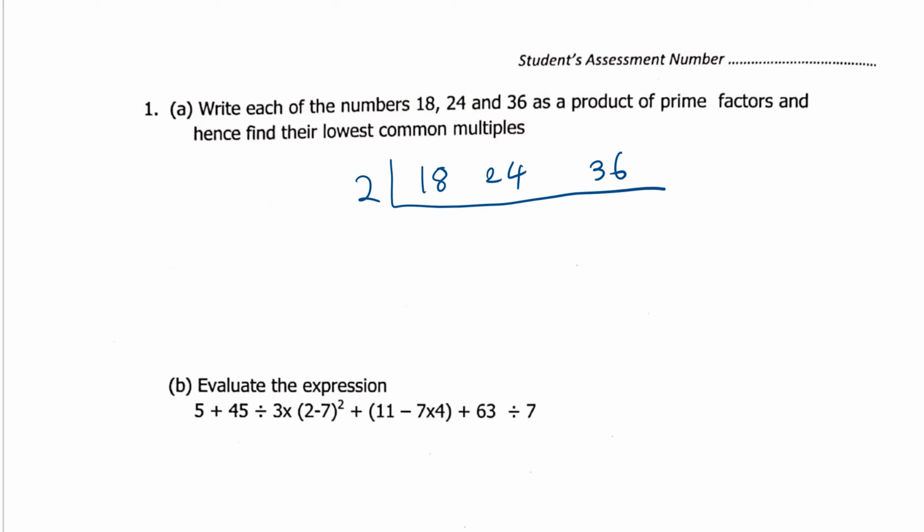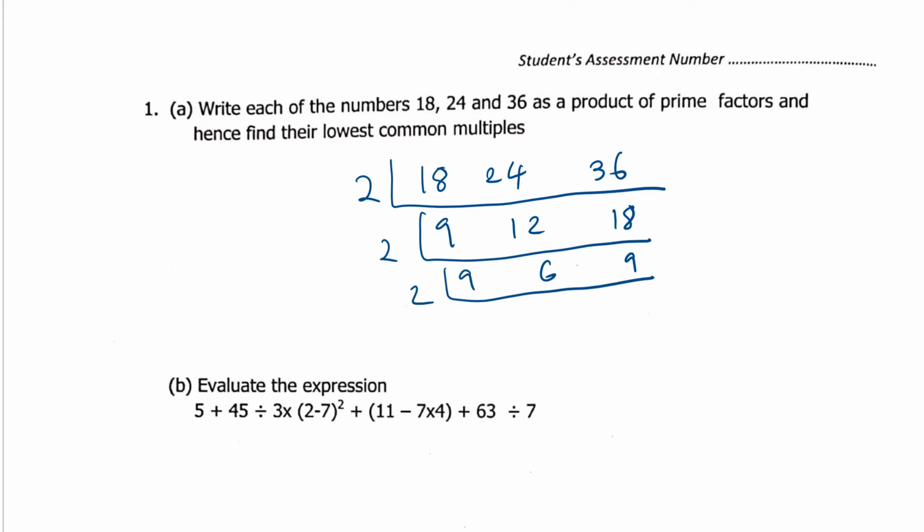So you divide 18 by 2, you get 9; 24 by 2, you get 12; 36 by 2, you get 18. You continue dividing by 2: it is 9, 6, 9. Divided by 2 again, it is 9, 3, 9. Divided by 3 now, you're going to get 3, 1, 3.